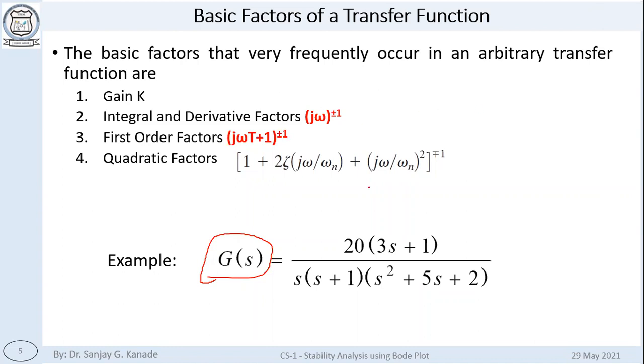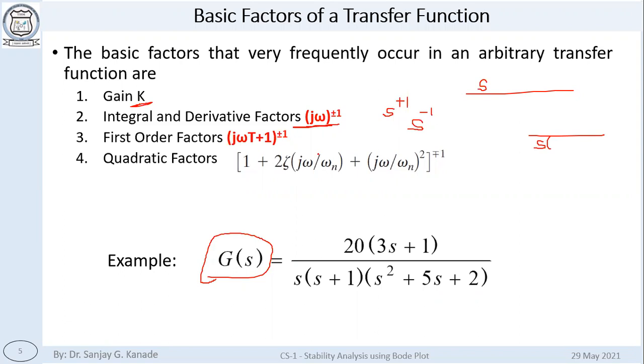So when we get a transfer function, there are certain various factors like a gain K, there are some integral and derivative factors like j omega raised to plus minus 1, means s raised to plus 1 or s raised to minus 1. Means what? s either in numerator or s in denominator, right?